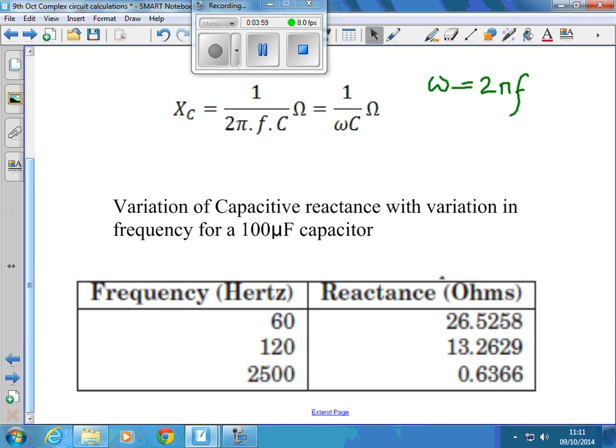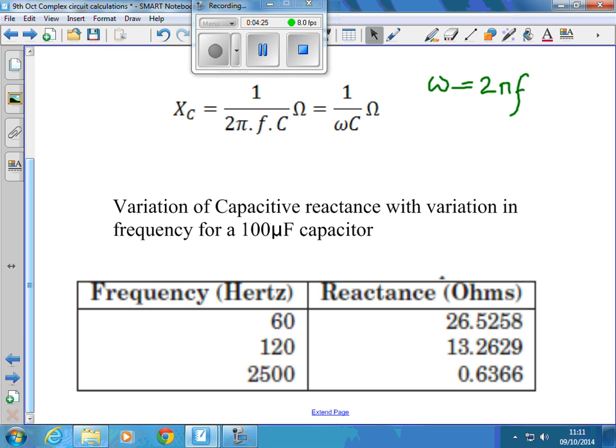So what's going to happen with the current in this circuit if we change the frequency? If we put the frequency up, the current will go up, because the reactance or the impedance is going down. So the inductor and the capacitor work in opposition to each other in the circuit.